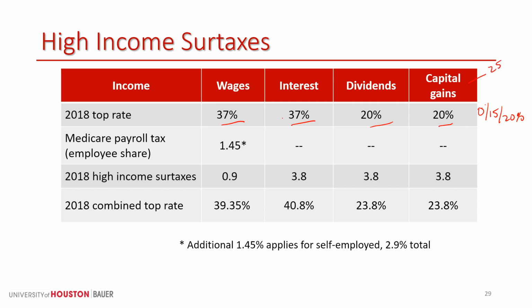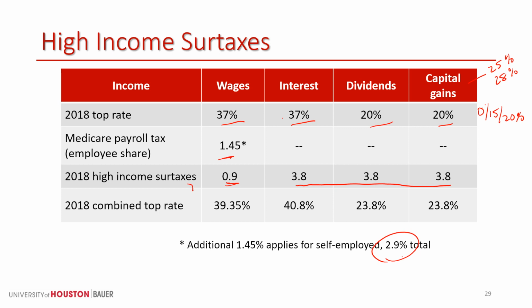And we noted that occasionally long-term capital gains will face rates of 25 or 28%, but we're going to save that for another chapter. We also know that anyone who's earning wages is subject to Medicare tax of 1.45%, and that for self-employed individuals, it's twice that amount. The surtax, as we mentioned on the previous slide, is 0.9% on high-income wages, and there's also a net investment income tax of 3.8% that applies to any source of investment income.